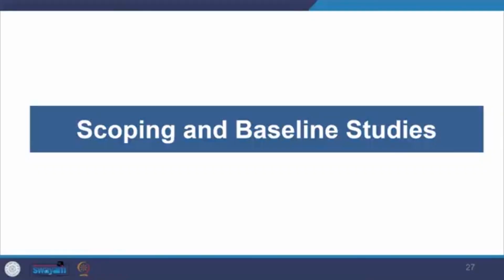So now moving on to scoping and baseline studies. In a transportation project, when you undertake EIA, while you're doing scoping, you're deciding how much you need to study, and in the baseline study you're assessing the ground situation.